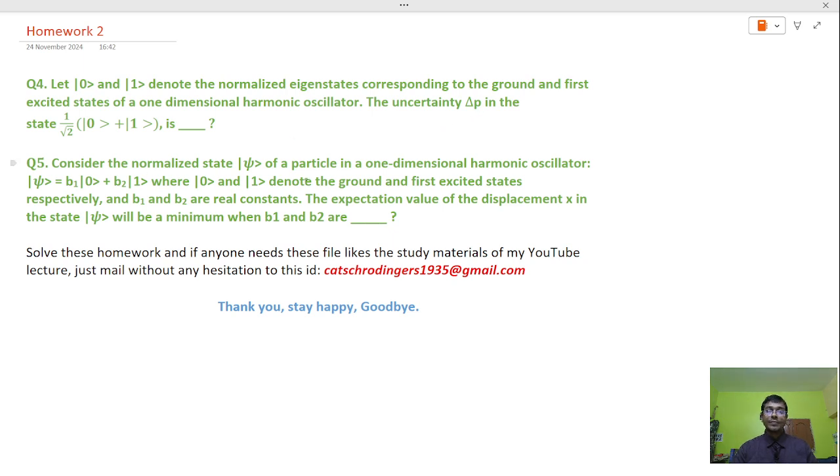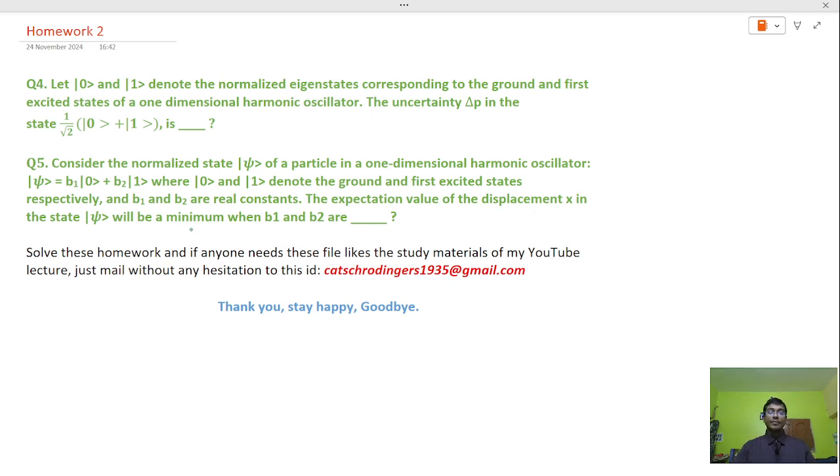And another one, this is also a one dimensional harmonic oscillator. Here also a quantum state ket psi is given, and you find the expectation value of displacement. The expectation value of displacement x in the state psi should be minimum.